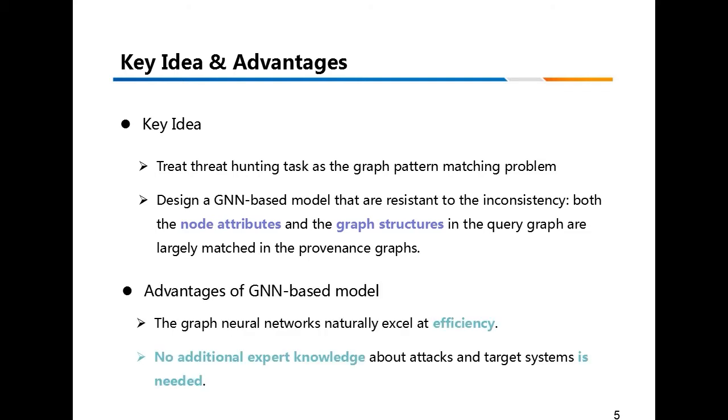The GNN-based model has two advantages. First, graph neural networks naturally excel at efficiency, since modern GPUs can largely accelerate matrix computations by parallel processing. Second, no additional expert knowledge about attacks and the target system is needed, as the graph neural network is trained in an end-to-end manner.